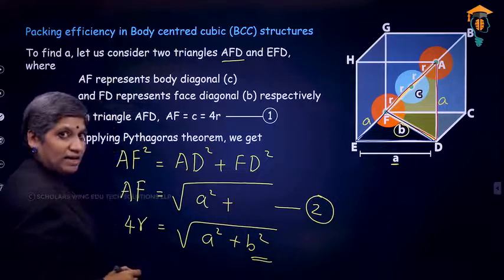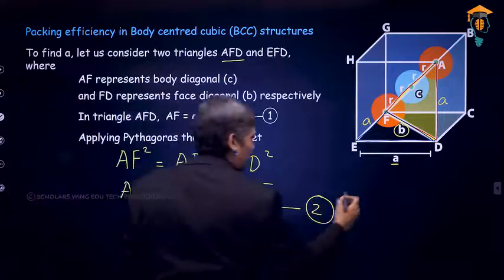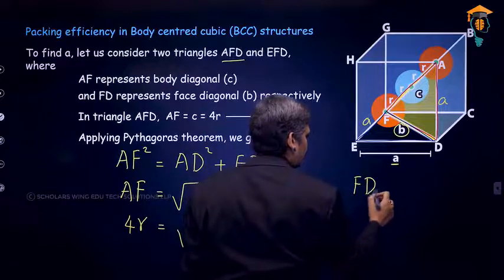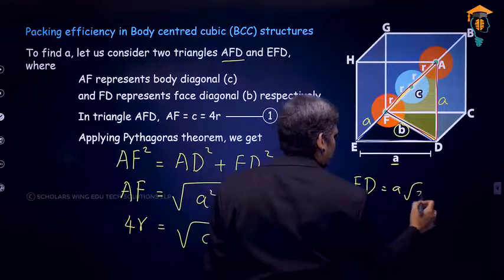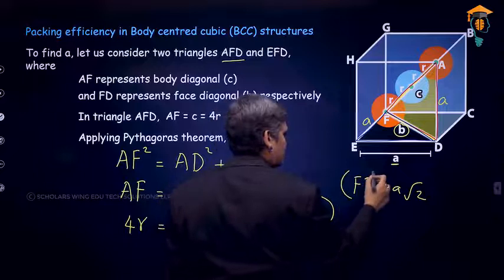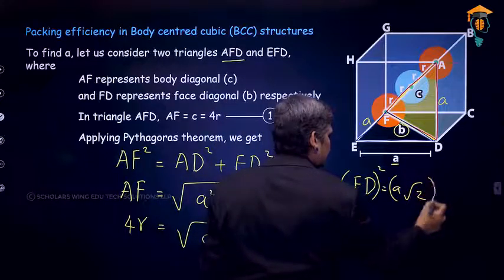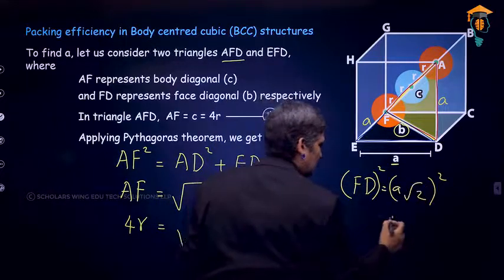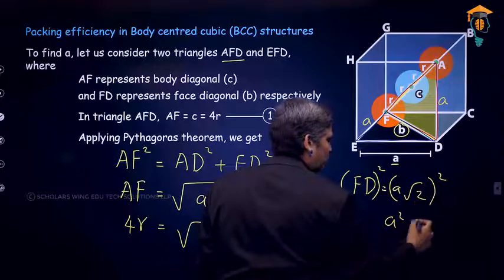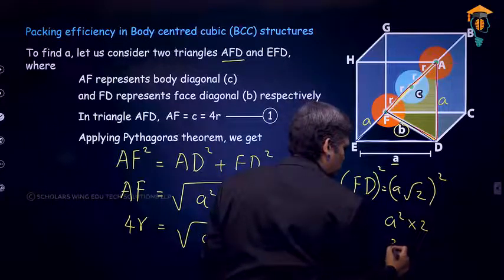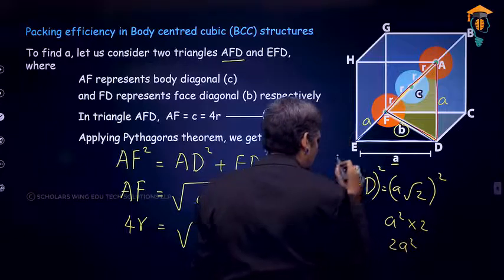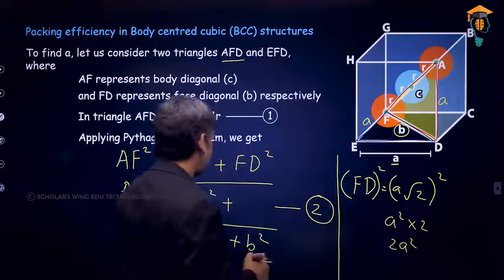What did we get FD as? A root 2, isn't it? What is FD square now? Squaring this, what should you get? A square. Root 2 whole square is 2. Therefore, it is 2a square. Okay. That's what I'm going to write it here.